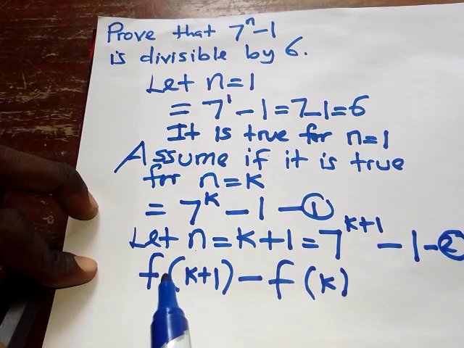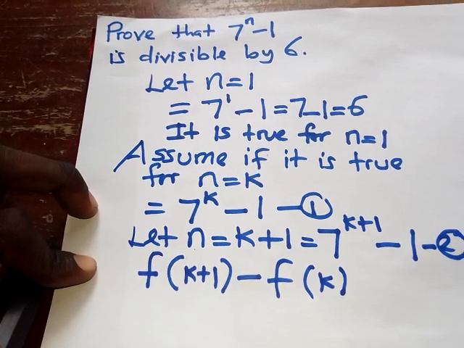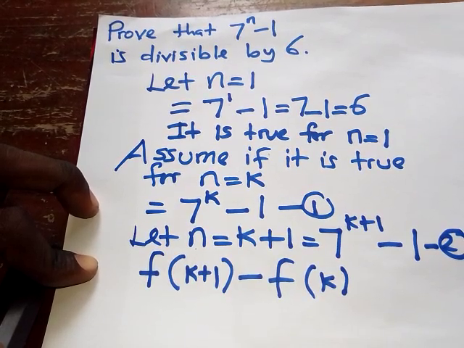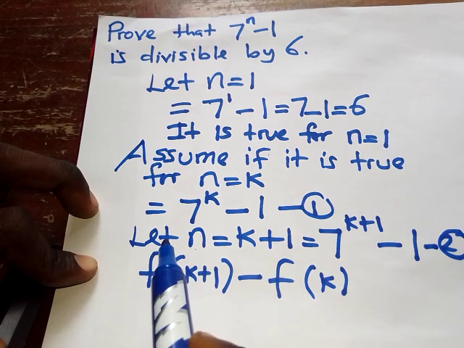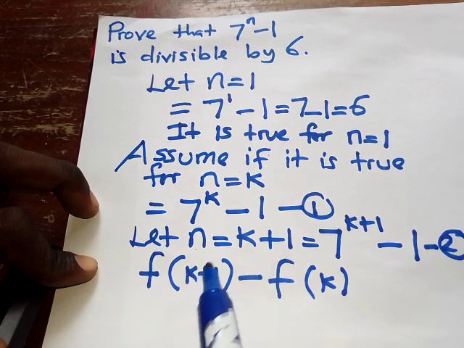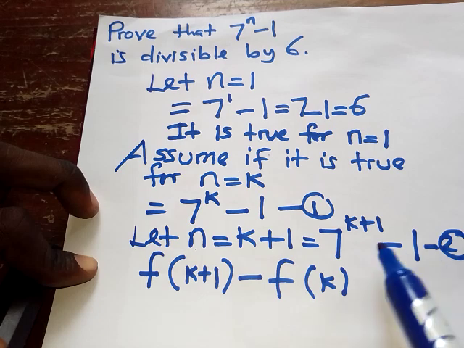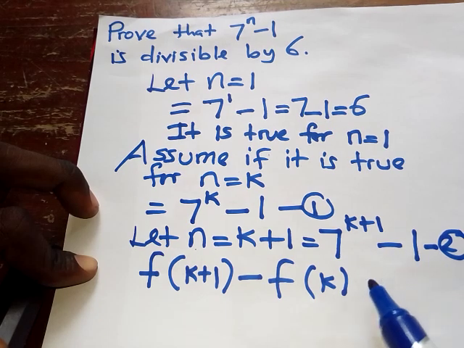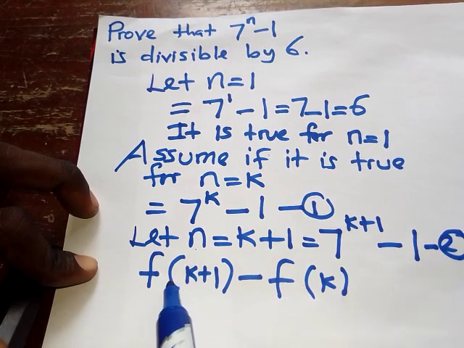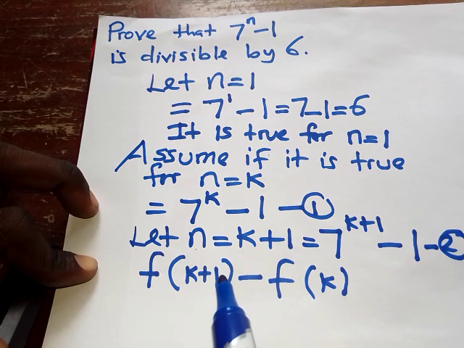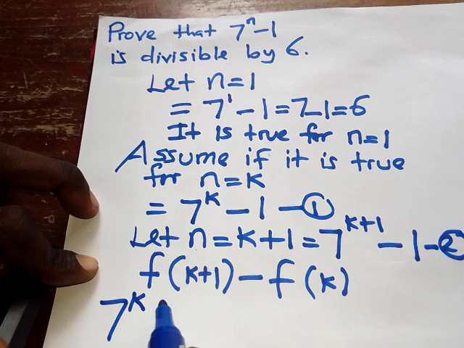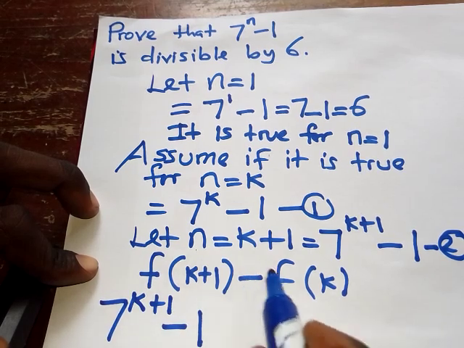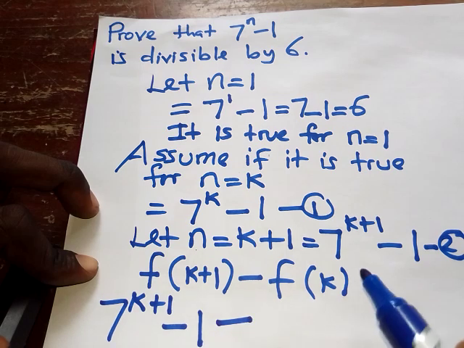When we talk of the function of k plus 1, we are simply talking about the stage where we had replaced n with k plus 1, which is the one we called our equation 2. This is what we are replacing on f of k plus 1 in brackets. So the statement is here, you have 7 raised to power k plus 1 minus 1, and then this is minus, so we say minus.